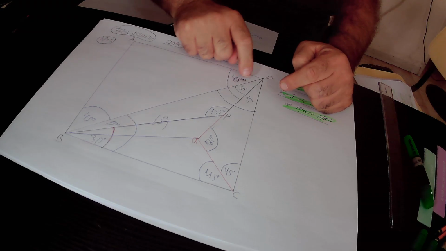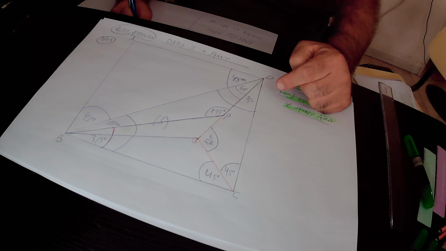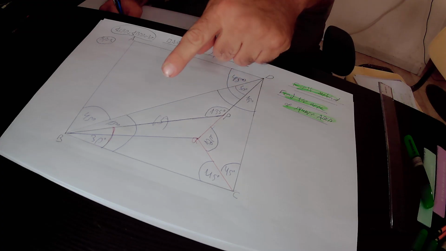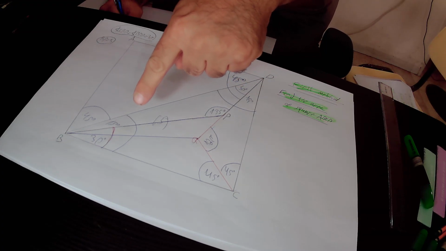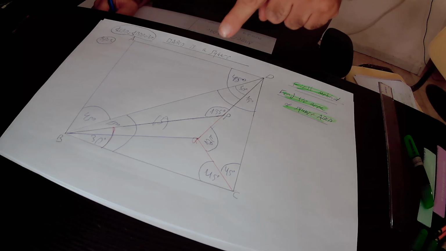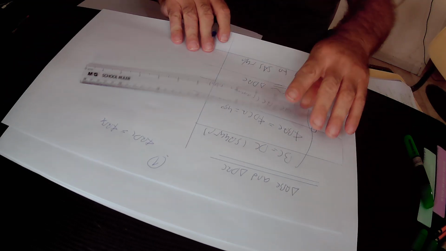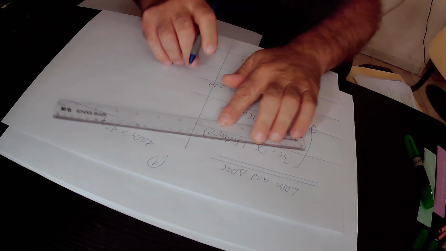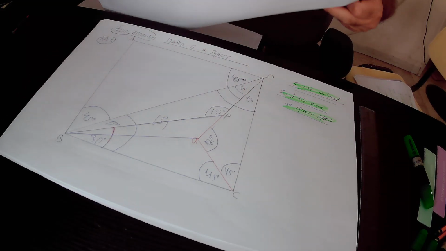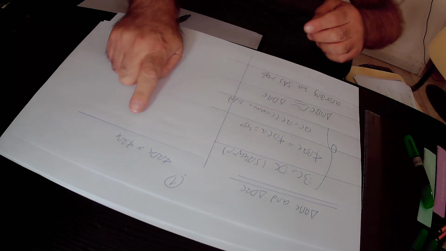That is to say, angle QDC in this triangle CDQ is equal to this angle, angle QBC in this triangle BCQ.